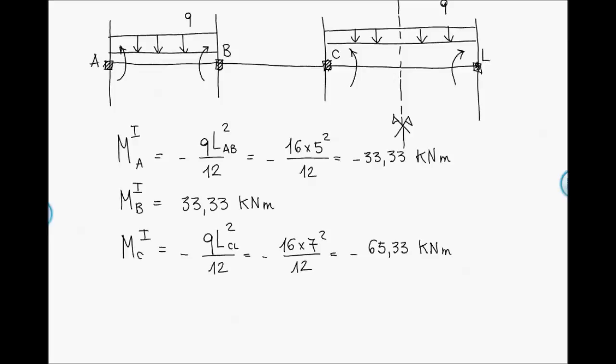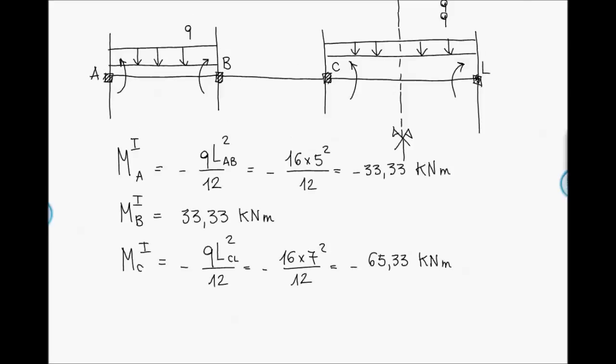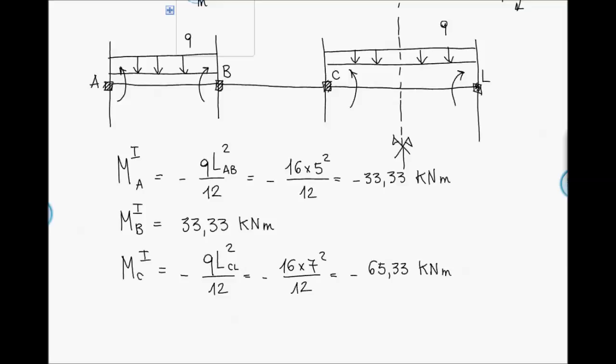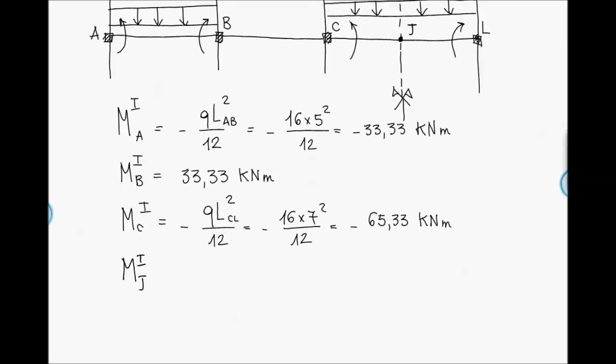Well, since we will consider a symmetric structure in the resolution with the Cross method, we have also to calculate M'J, which is the value of the bending moment on the symmetry axis for a scheme of a beam clamped at both extremities subjected to a uniform distributed load, which is, as you know, equal to minus Q L_CJ squared over 24.